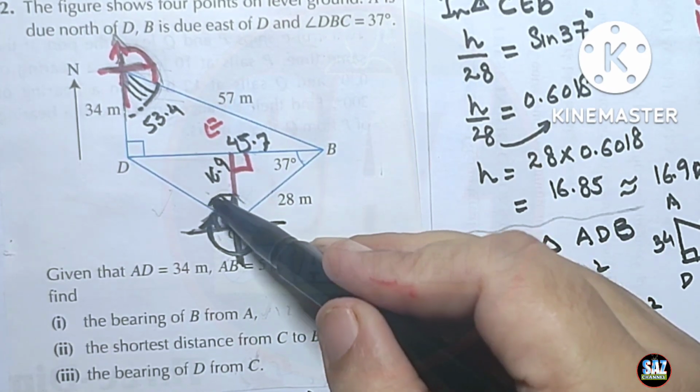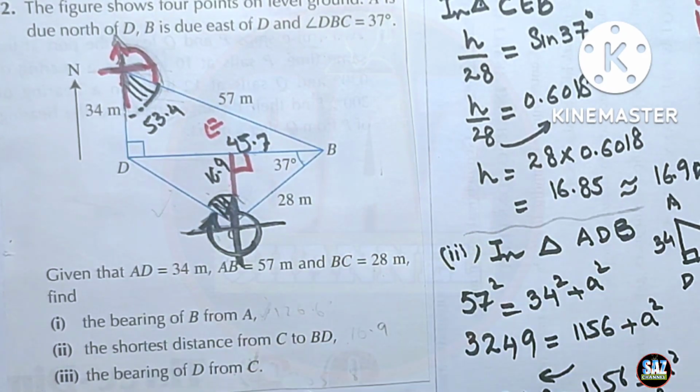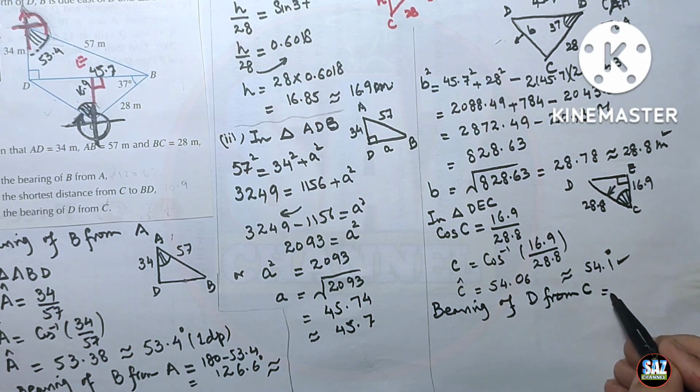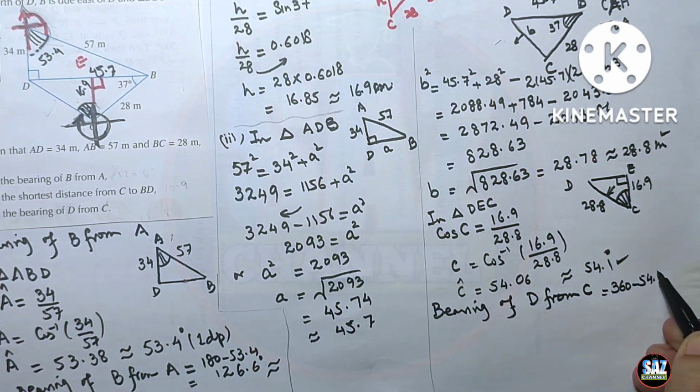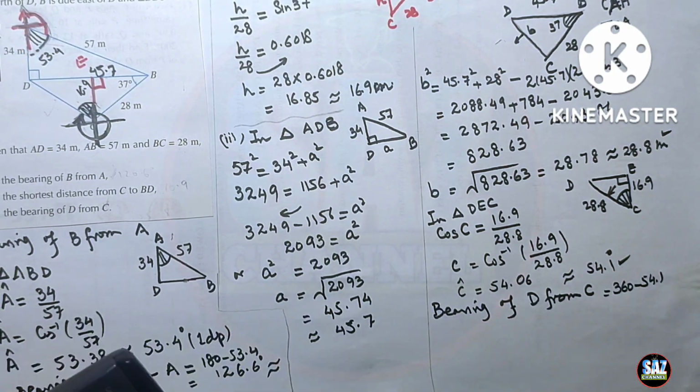So that will be equal to 360 minus 54.1, which is 305.9 degrees.